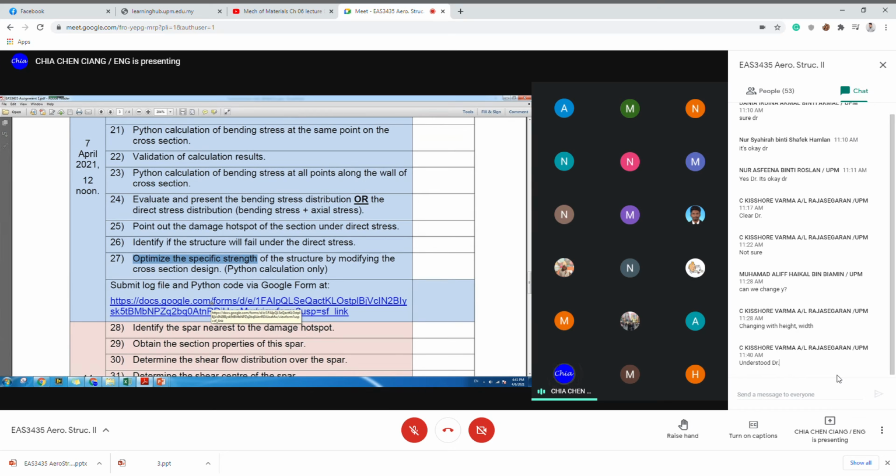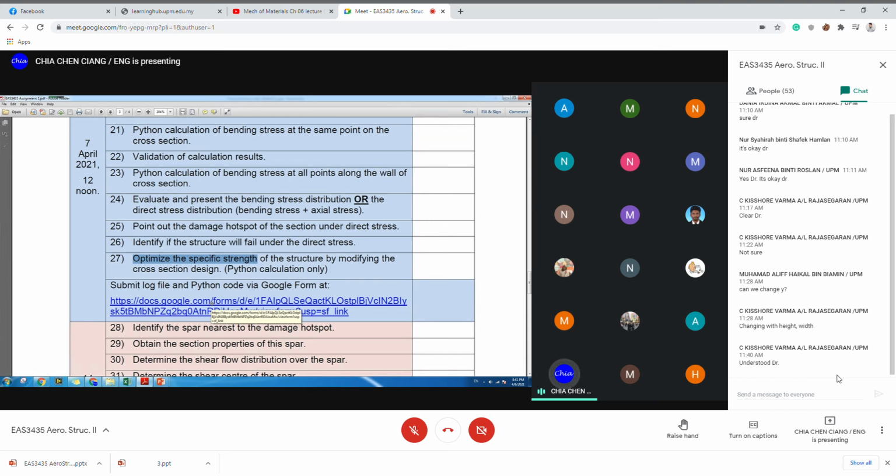So by optimization, we mean to increase the thickness or change the design of the structure cross section so that it will not fail. The original design will fail. Now you optimize it so that it will not fail.